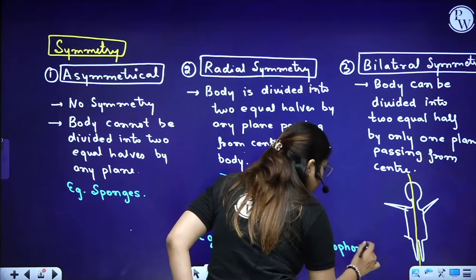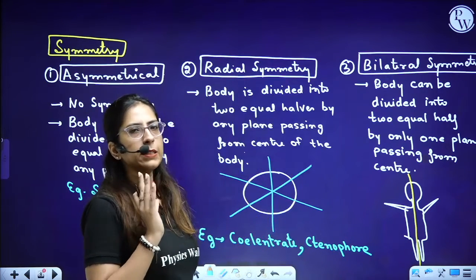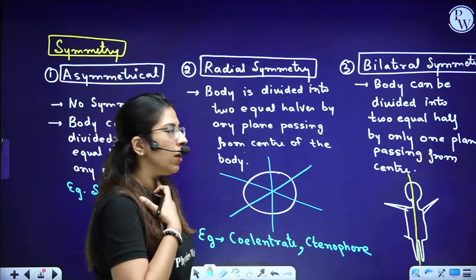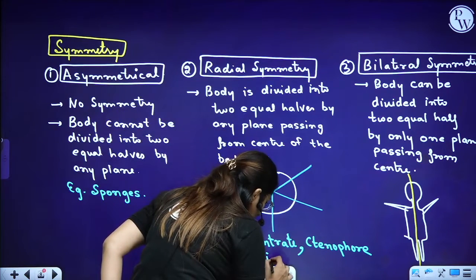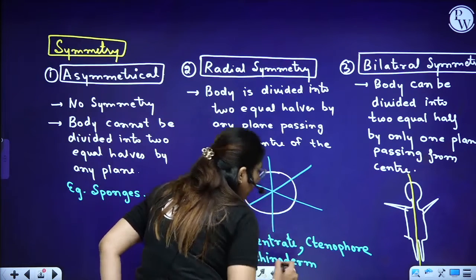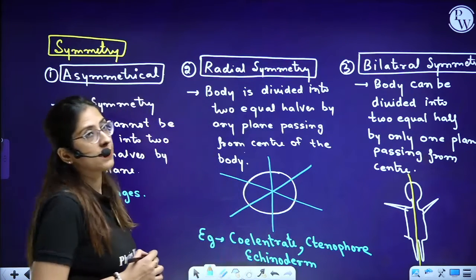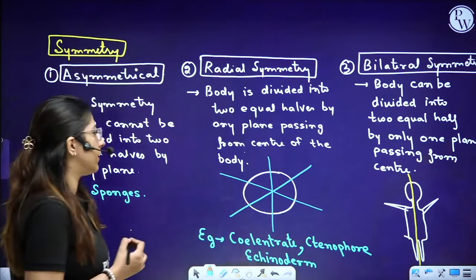Don't worry, in these organisms, when we will be doing the detailed study, we will be discussing these things again. So ctenophore, and the next one we have is echinoderm. Echinoderm in adult we'll find the radial symmetry, whereas in their larval stages we'll find the bilateral symmetry.